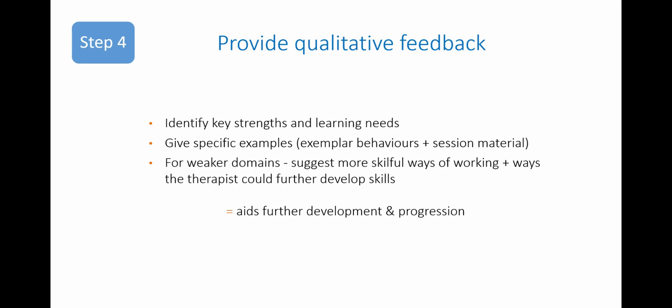We're also looking for weaker domains to think about suggesting more skillful ways of working. How could the therapist further develop their skills in this area? And obviously what this helps to do is to aid further development and really encourage progression.